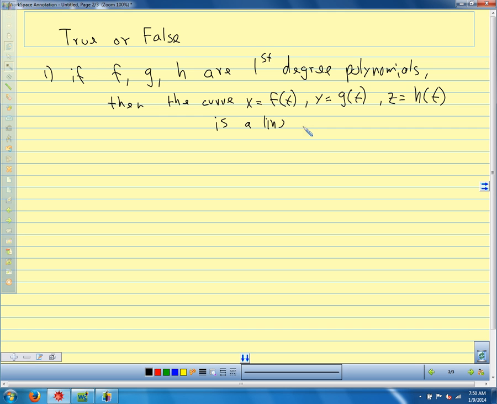So we have this, we could make a vector valued function, and all of our component functions are first degree polynomials. So each component is linear. So I heard a few truths, a few falses.